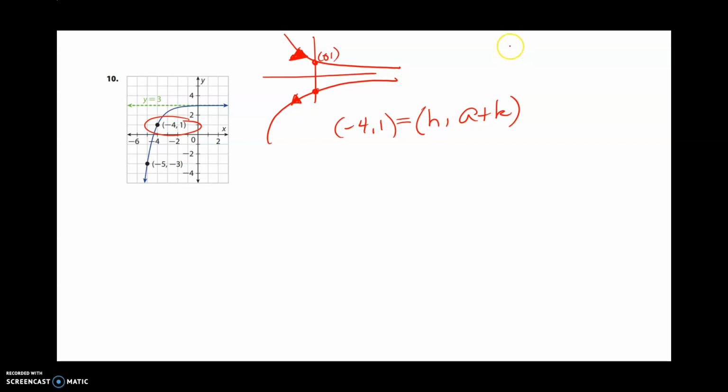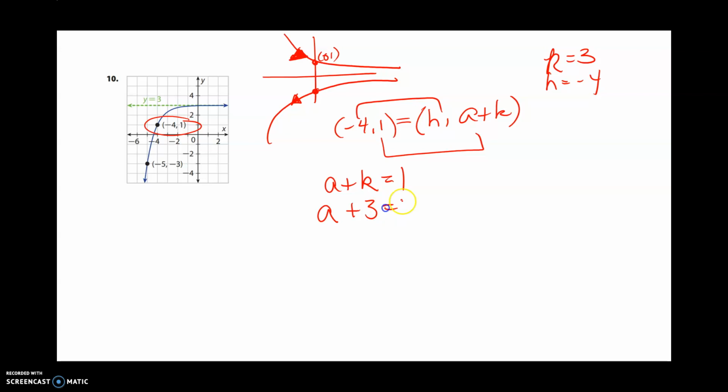All right, we know number 10, right, that K is 3, H is -4, A plus K equals 1. A plus 3 equals 1, A equals -2.